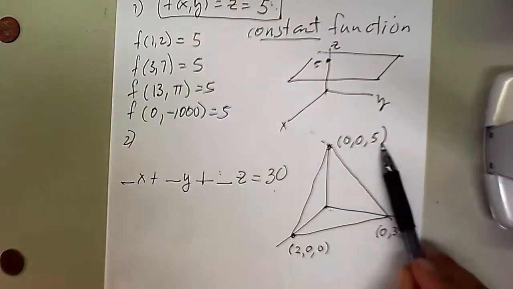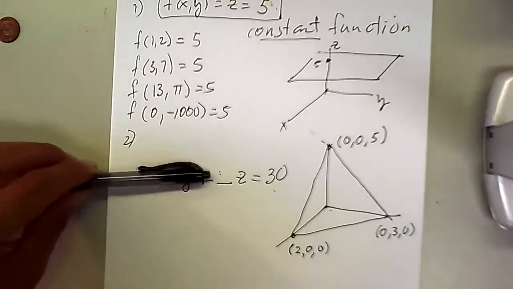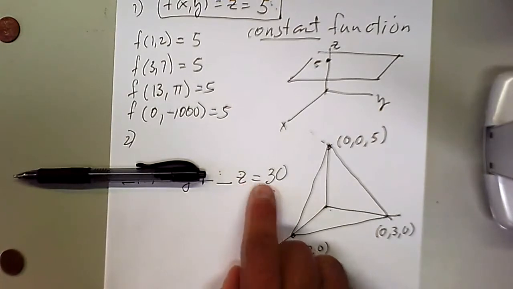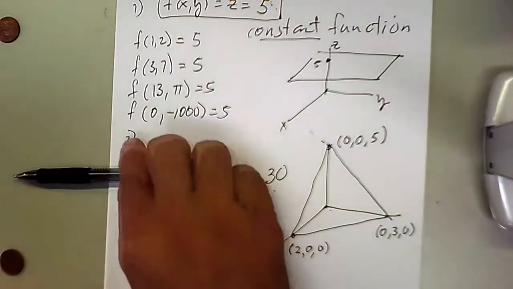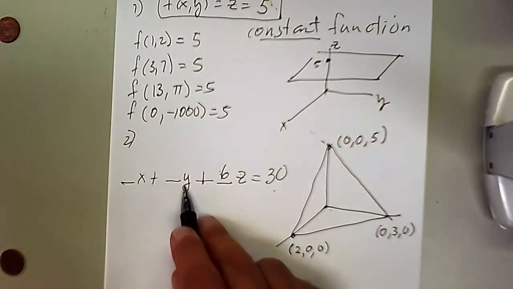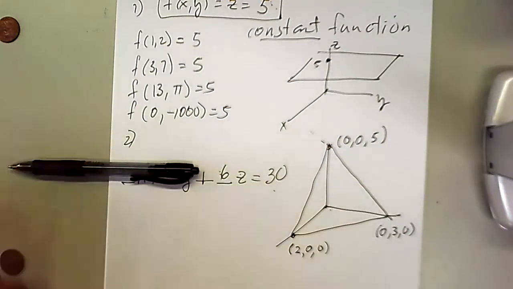So if I want to get a 5, where those two are 0, we can just pretend they are not there. So how do I get z equal to 5? Well, we have to divide by 6. If x and y are 0, pretend they're not even there.